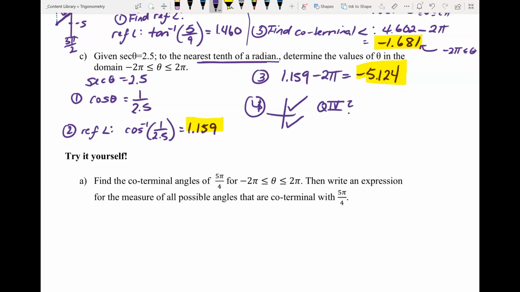If it's in quadrant 4, it's pretty easy to find because it has the same sort of relationship with the ones we just found. So the ones in quadrant 4 would be negative 1.159 and positive 5.124. This one here comes from 2 pi minus 1.159, that's 2 pi minus our reference angle. That's how we're going to get 5.124.